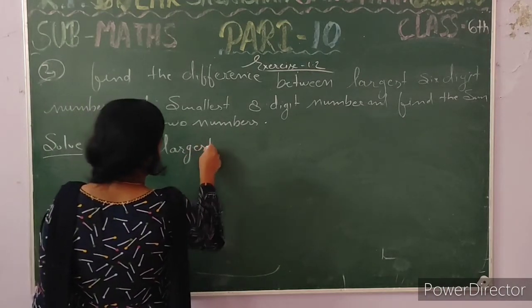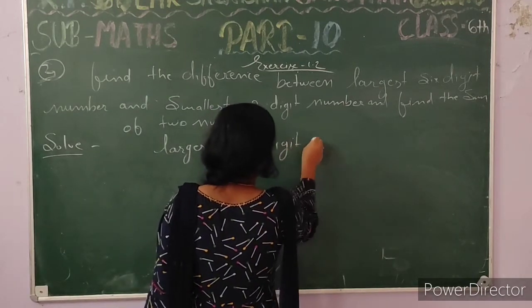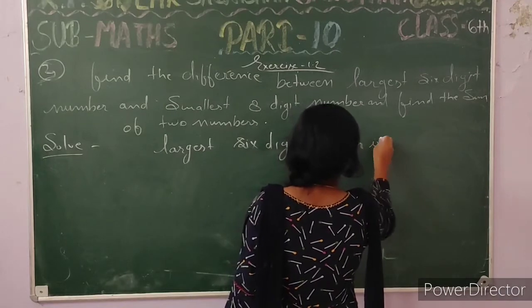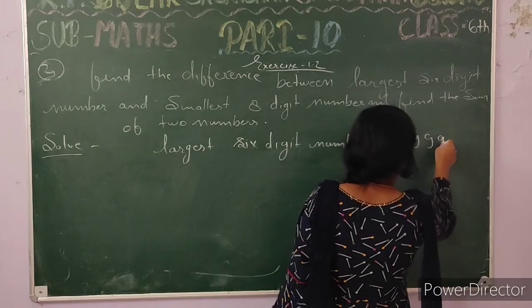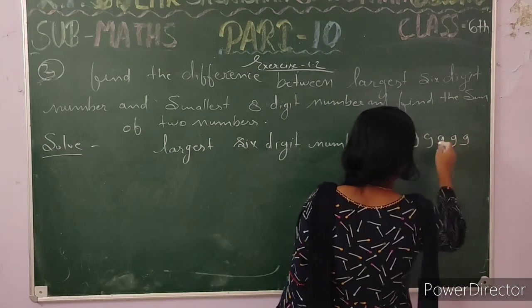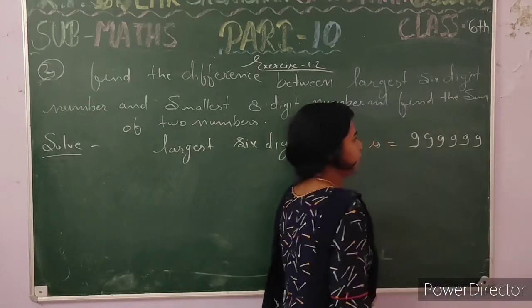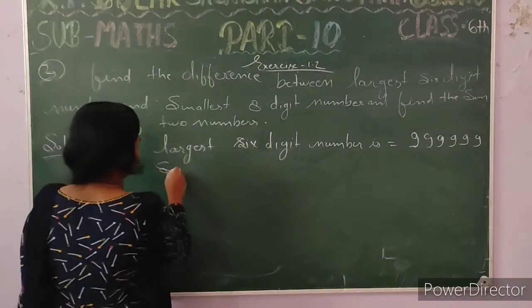Largest 6-digit number. Which one is the largest 6-digit number? Six times 9 is the largest 6-digit number, and then the smallest 8-digit number.